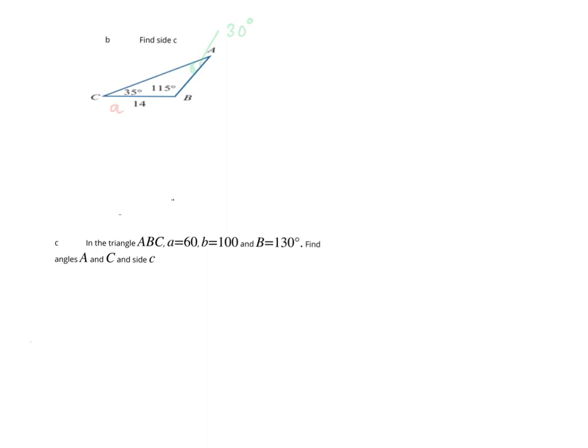So let's have a look. We have A is equal to 14. Angle A is equal to 30 degrees. Side B, we don't know, and we don't really need it either. We're not looking for it, but we do know that angle B is 115 degrees. We know that we are looking for side C, and we know that angle C is equal to 35 degrees. Now, what does this mean for us?